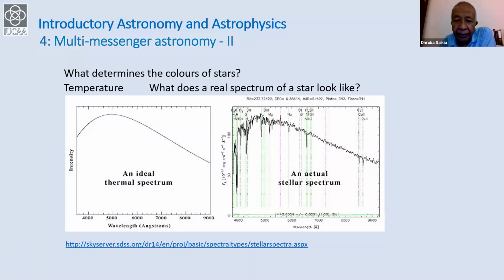But later, we will define the color of a star in terms of its magnitude differences at two different wavelengths. For example, the U band and the B band. B band, say, is the blue band and V is the visual band.